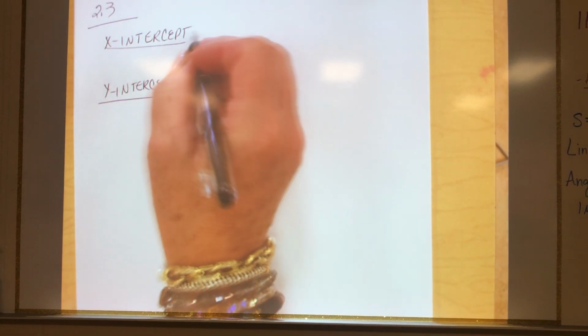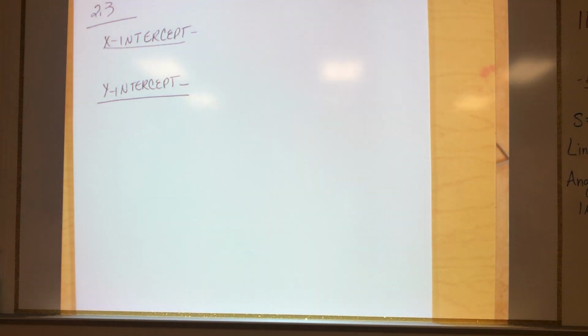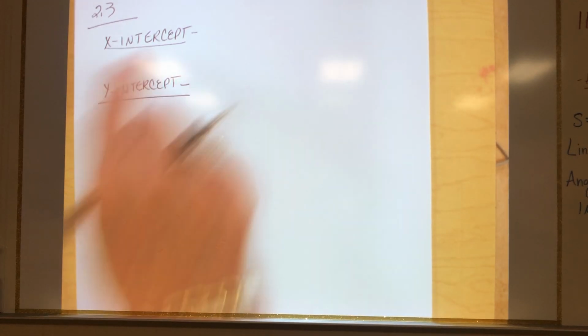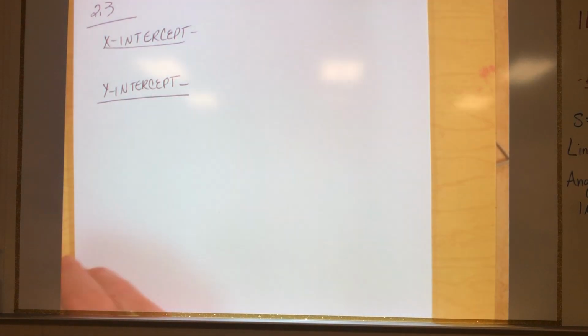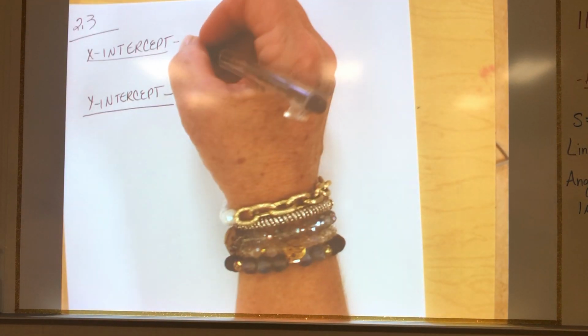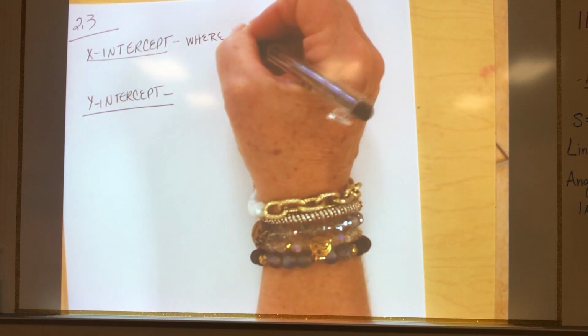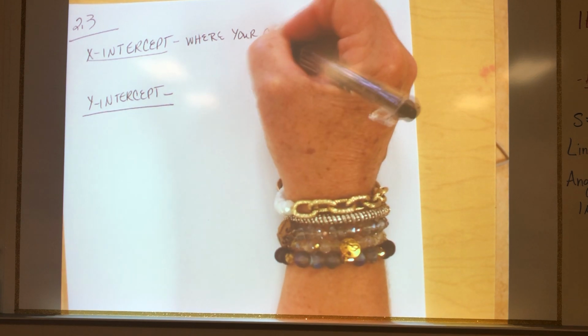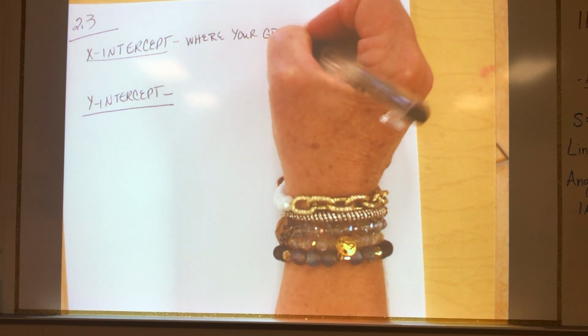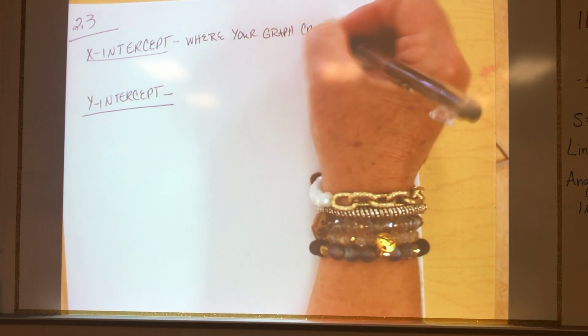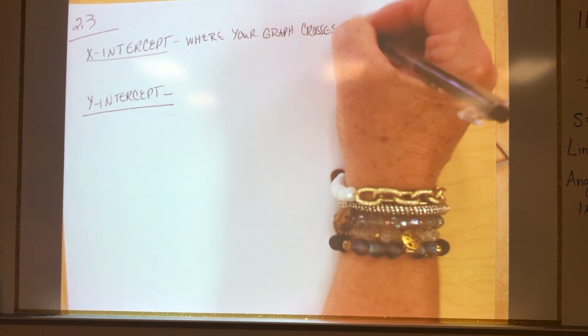If it's on your worksheet and it's in this section, do you think it'll be on your test on Friday? Yes, it will. So tell me what an x-intercept is. Where it crosses the x-axis. Yeah, it's where your graph crosses the x-axis, right?